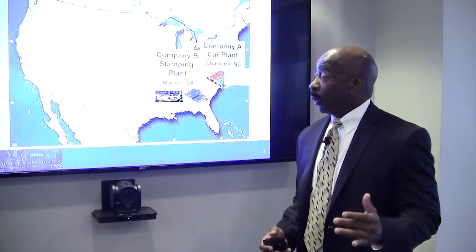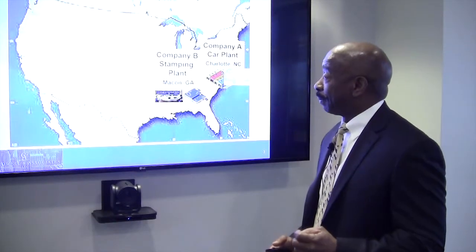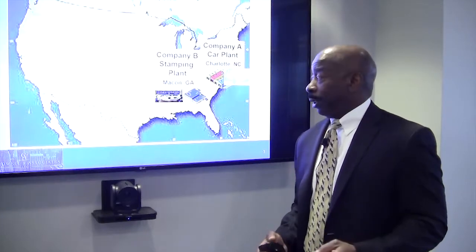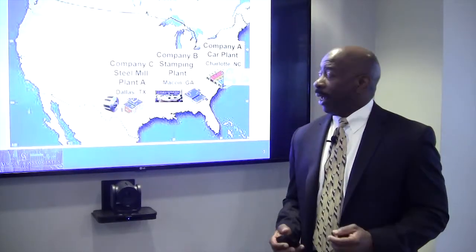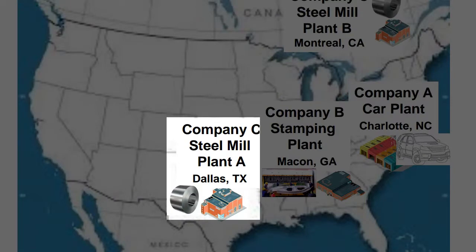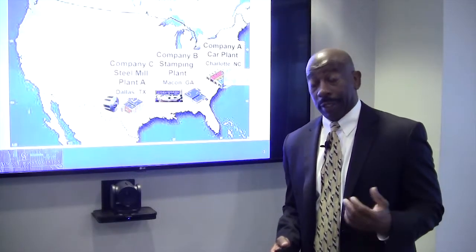And they were located in Macon, Georgia. So we got those individuals on the team too. And then you had a steel producer that had a plant in Dallas that was producing all the steel for the entire body of the car, of the SUV.